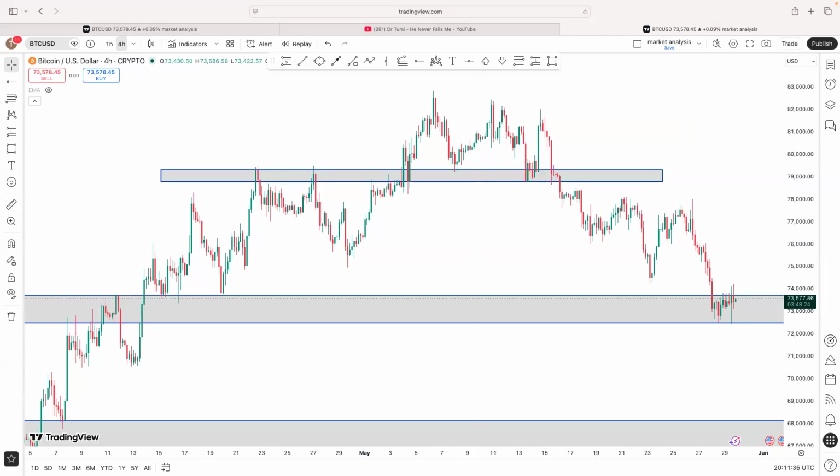This particular area previously was used as an area of supply. Market tap, retest, tap, retest, tap, retest, tap, reverse. Right? Now, for the fourth time when they came here, they broke above, and then they came back to retest, and then they continue to go up. Came back to retest, continue to go up.